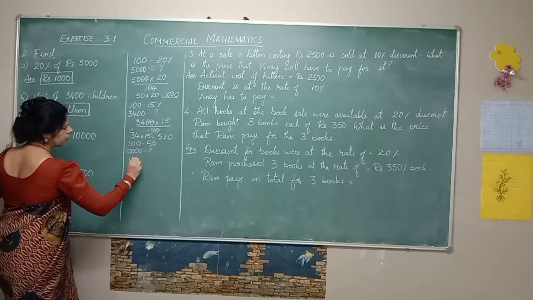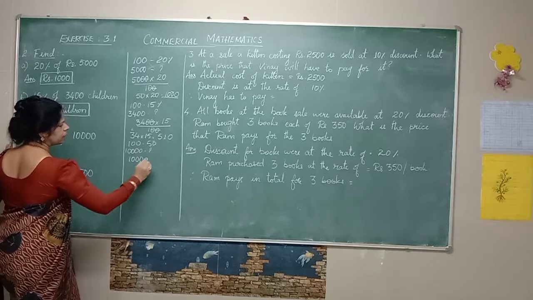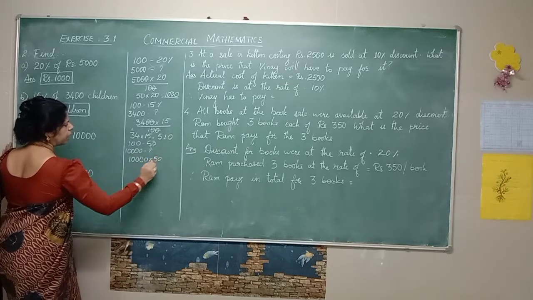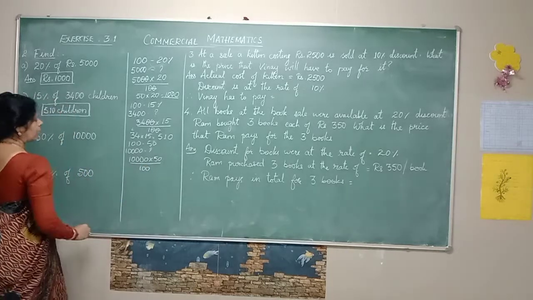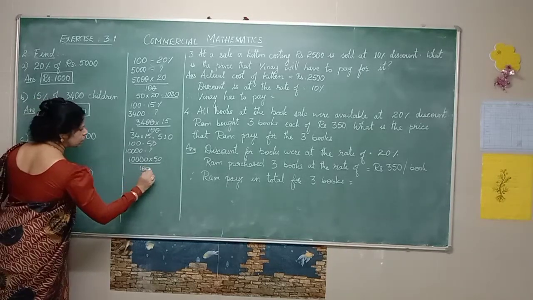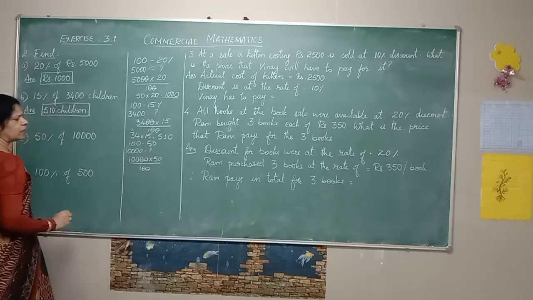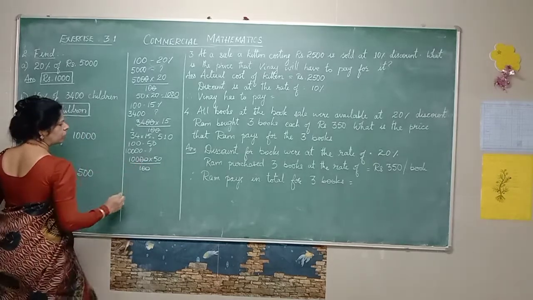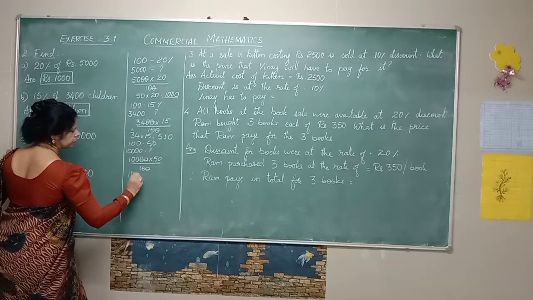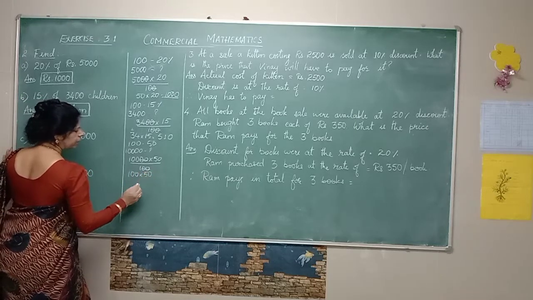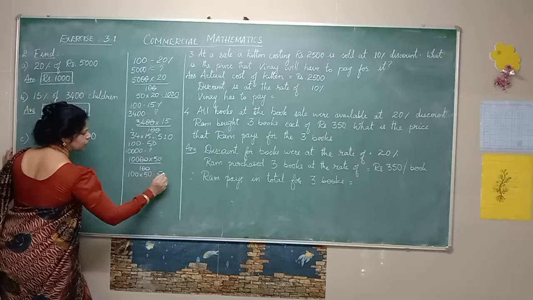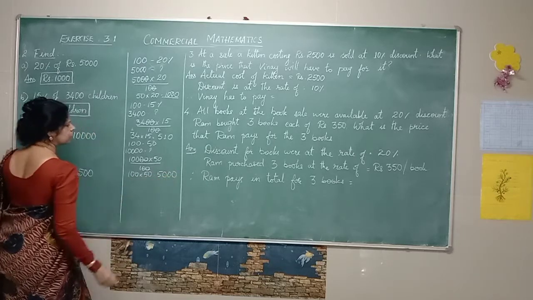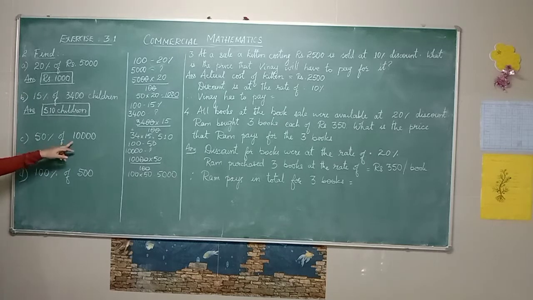When you cross multiply, 10,000 by 100 leaves 100 into 50. 5 ones are 5, and then 3 zeros. So 50% of 10,000 will be 5,000.